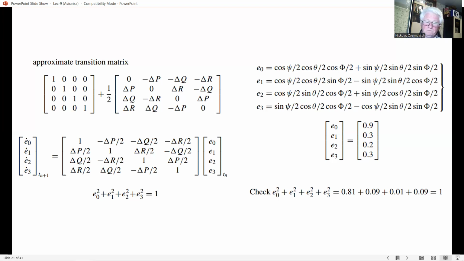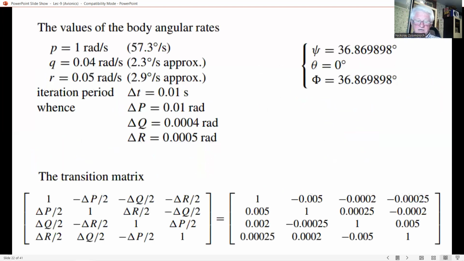The values of the body angular rate are, as you may see, P 1 radian per second, Q 0.04 radian per second, and R 0.05 radian per second. The iteration period is very small, 0.01 second, and delta P is 0.01 radian, delta Q 0.304 radian, and delta R 0.305 radian.